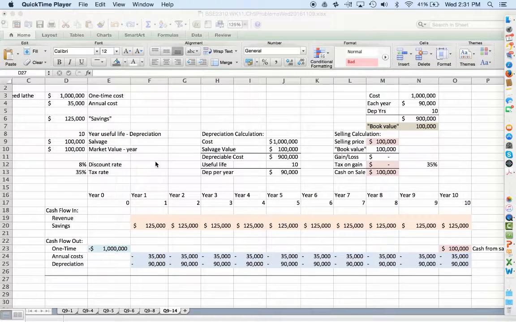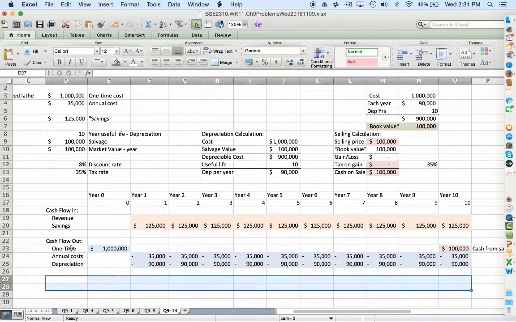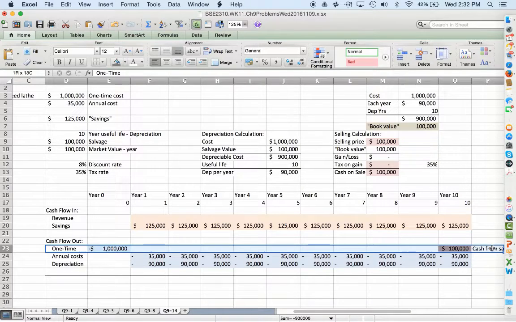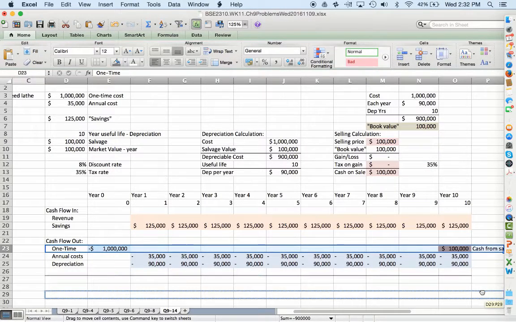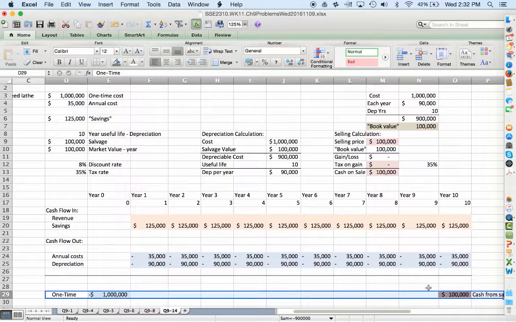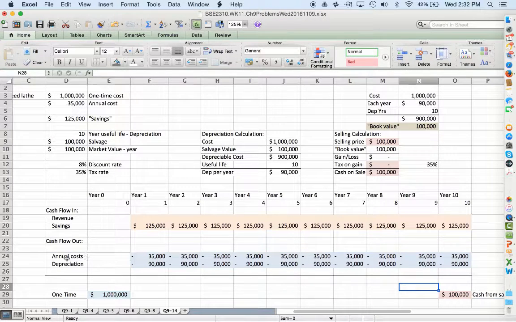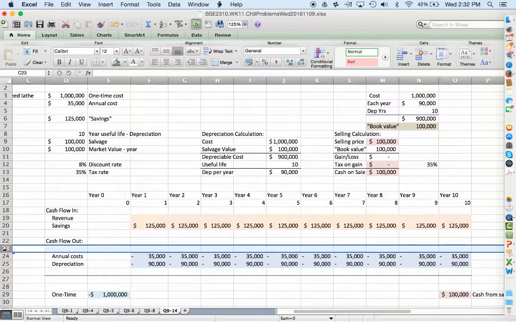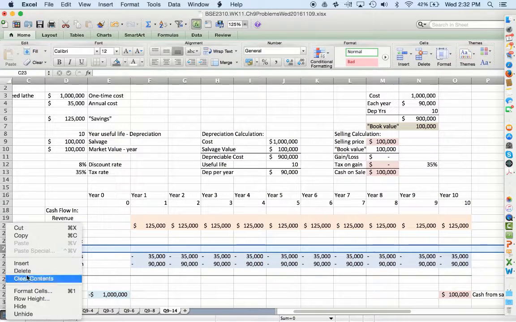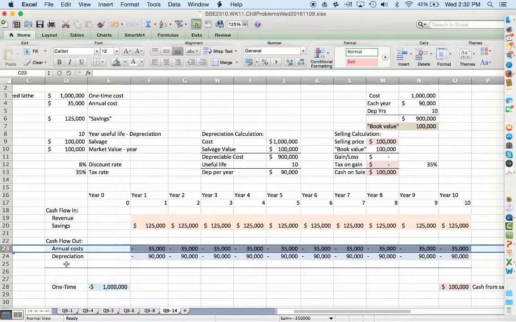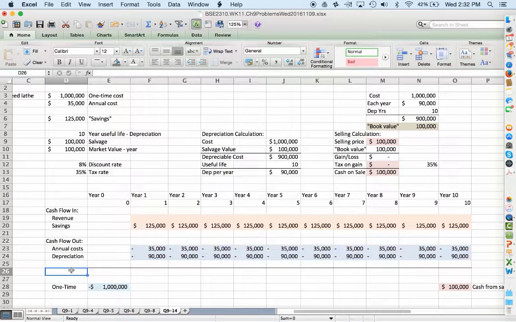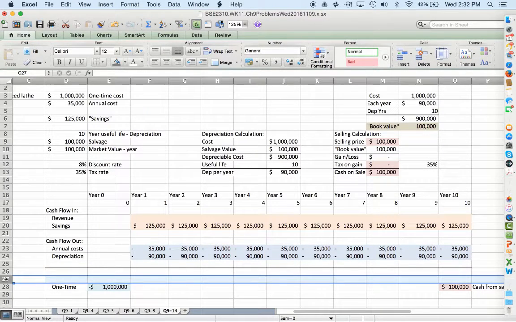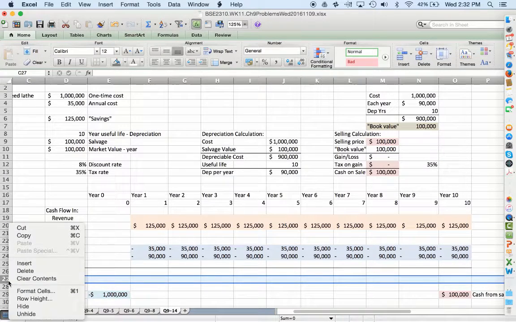One of the things I'm going to do is move these one-time costs just a couple of rows below, because based on the revenue and expenses for this project, I need to be able to calculate the after-tax profit.